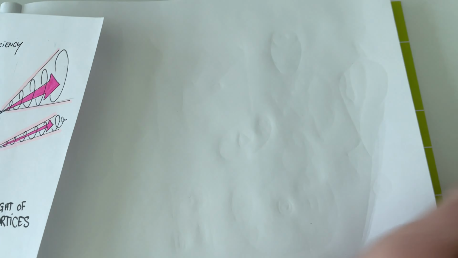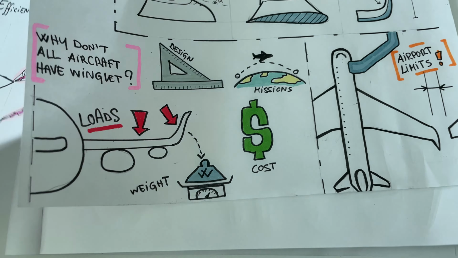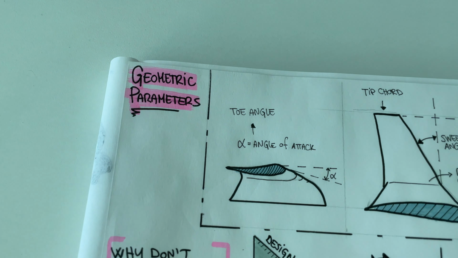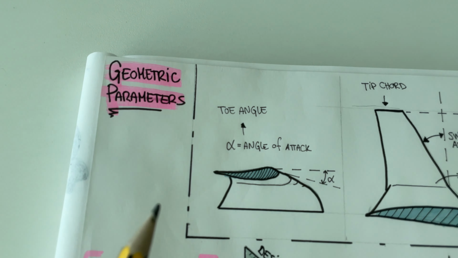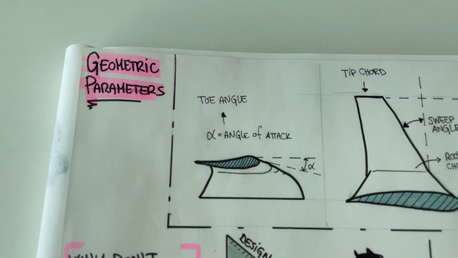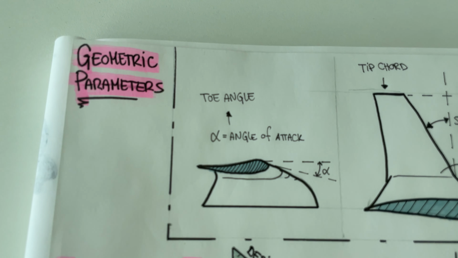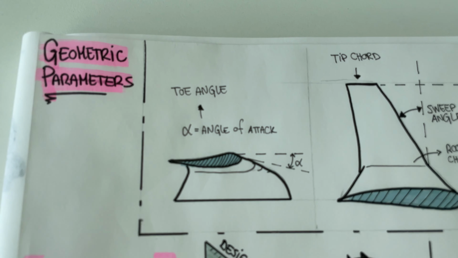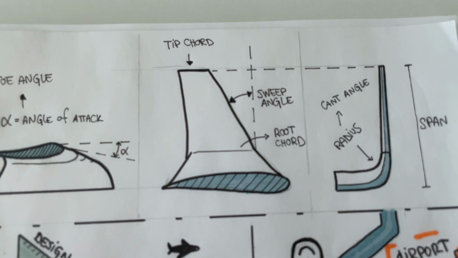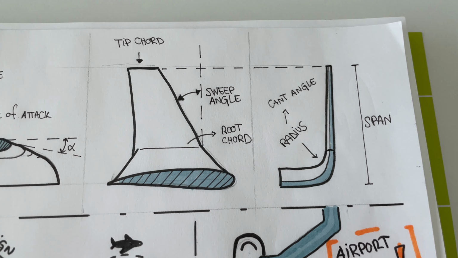Moving on, if we want to understand how the winglets work, we have to look at their geometric parameters. Why? Because the performance of the winglet itself is heavily influenced by its geometry. So let's start with some geometric things that define the winglet itself.